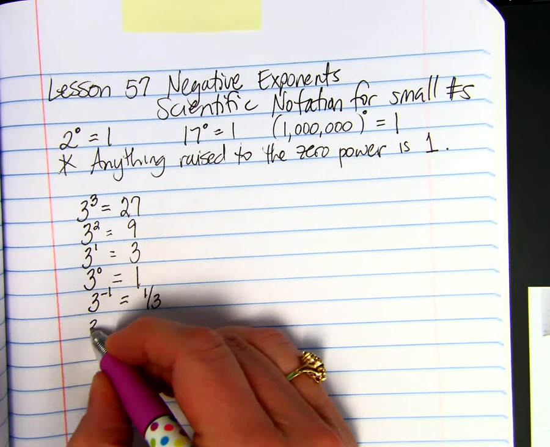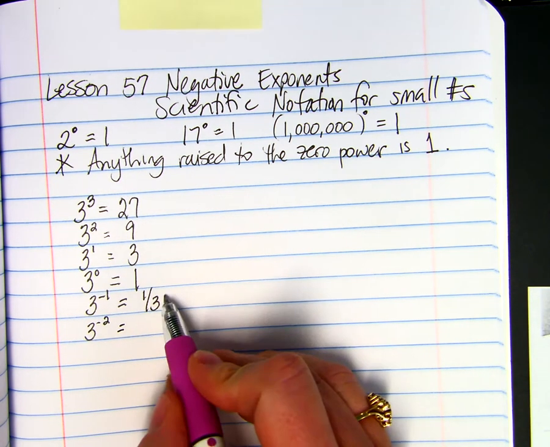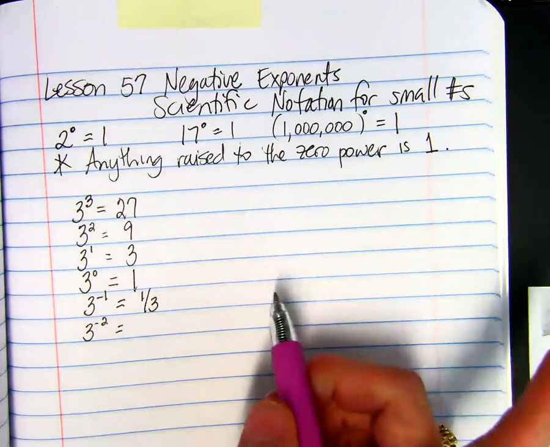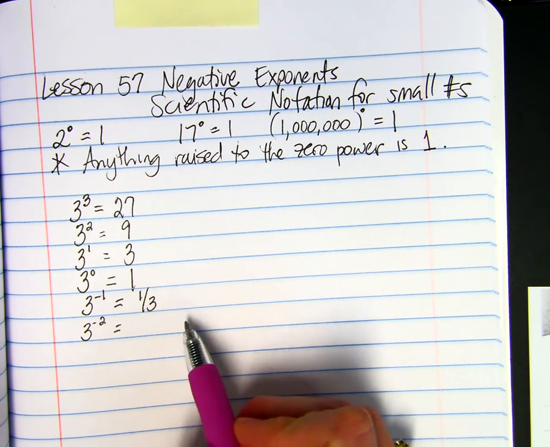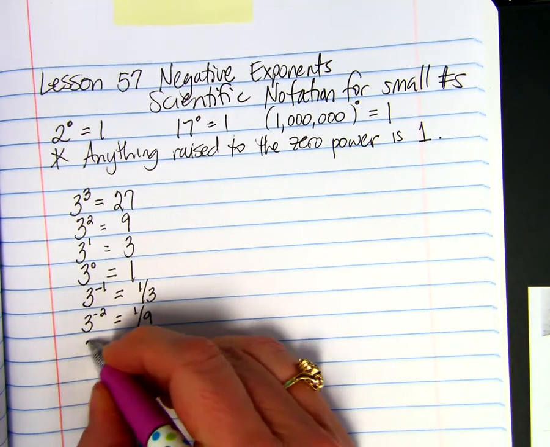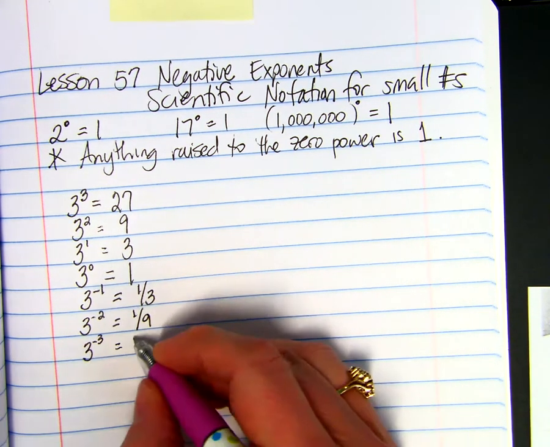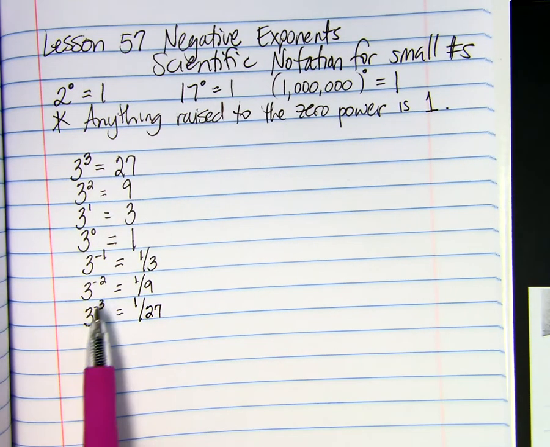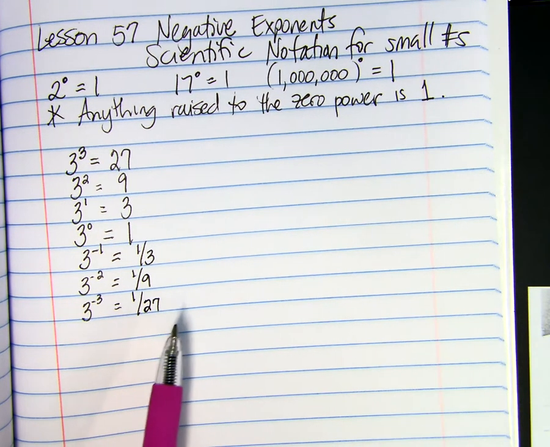So 3 to the negative 2, can you imagine what that might be? Is it 1/6? Not 1/6. We want to divide this by 3. 1/9. And then 1/27. 3 to the negative 3 equals 1/27. So the negative exponent, did it change the sign on the answer?